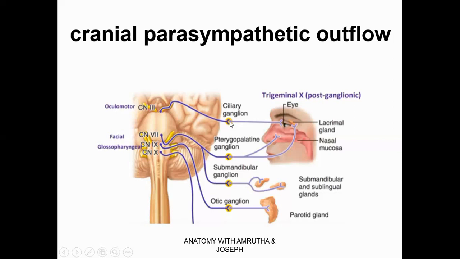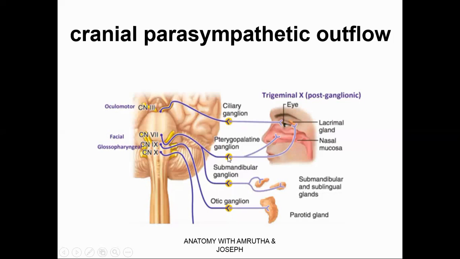From there, the other set of neurons send fibers, the postganglionic fibers, and they reach the effector organ. So postganglionic fibers are very short in parasympathetic outflow, whereas the preganglionic fibers are long. In the sympathetic system, preganglionic fibers are short and postganglionic fibers are long.